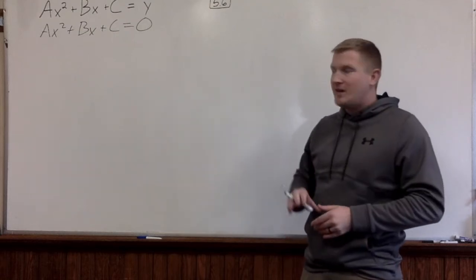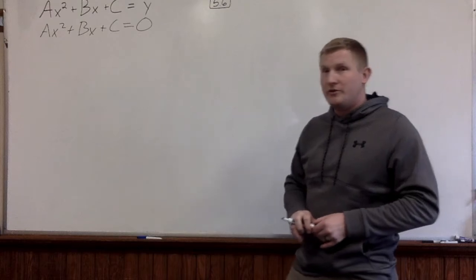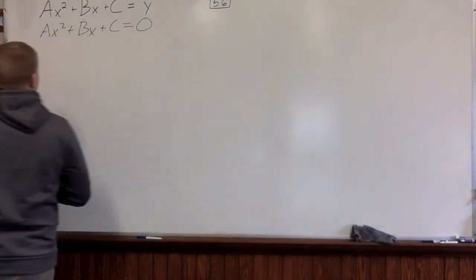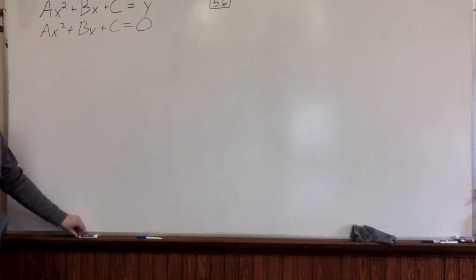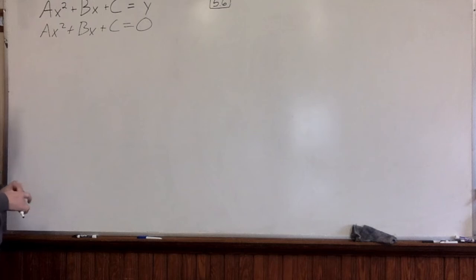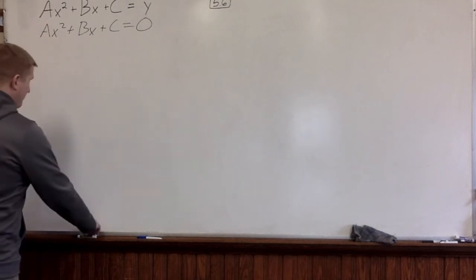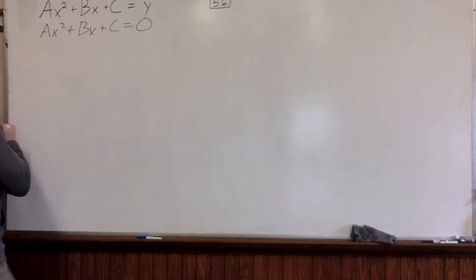So the first step is to change y to 0. And the second step is to make sure that a is equal to 1. Now right now a is a, and I want to make sure that it's going to be 1. So I'm going to divide both sides by a.